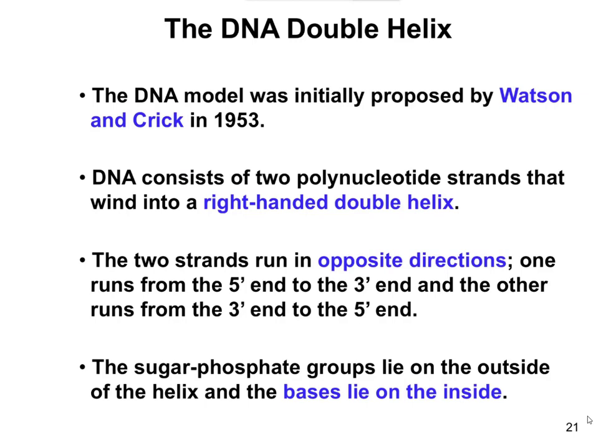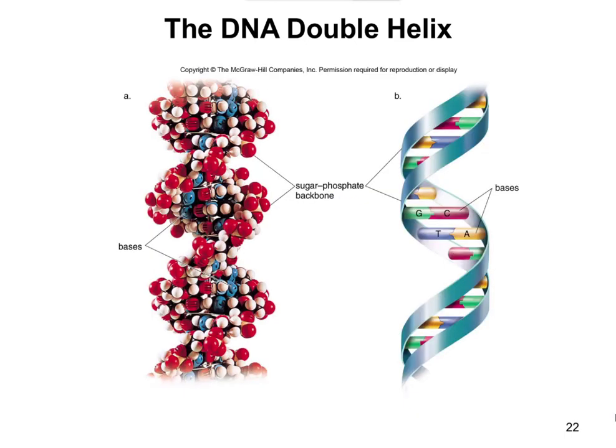So the words paint part of the picture, but it's hard to visualize. So let's actually look at a picture of what it looks like on the next slide. Here's the structure of DNA. On the left, you can see a ball and stick model, and on the right is a ribbon diagram, which I think is a little bit easier to see what's happening. So if you look at these two strands, the one strand is going to be 5' up here, and then if we follow that strand down to the bottom, that's going to be a 3' down here.